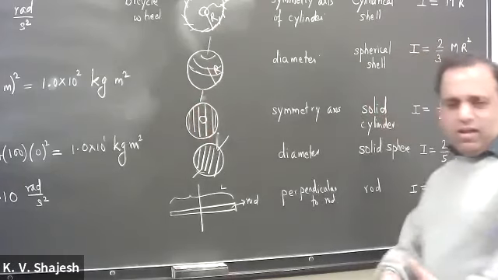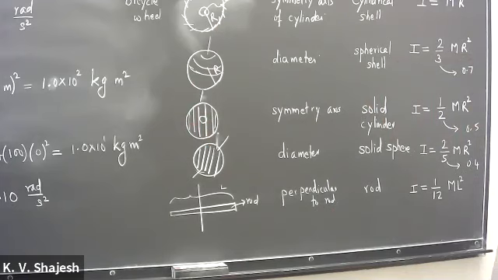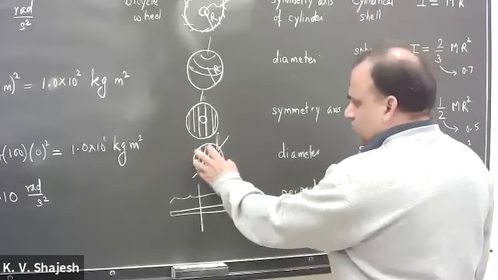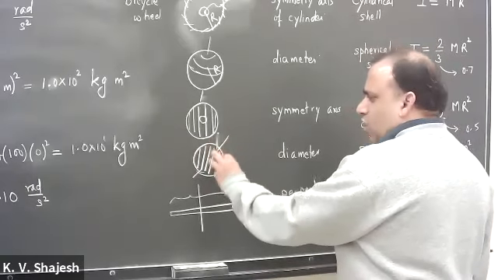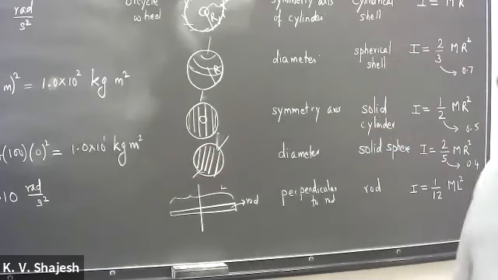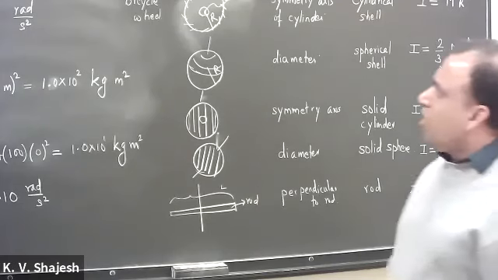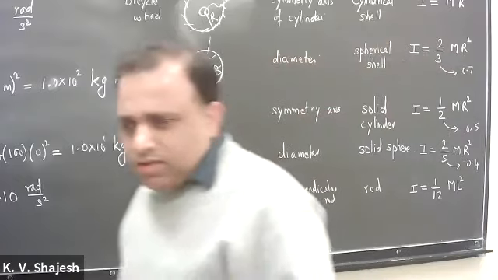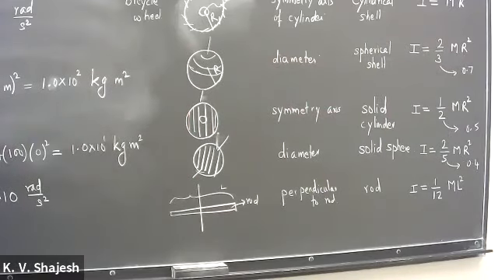Like if you have a shell, most of the mass is spread out away from the axis, so you get more moment of inertia. If the same mass is distributed on a solid sphere, there is a lot of mass closer to it also. In that sense, you've lost some of the moment of inertia. So that's the basic idea in here. And based on these concepts, now let's do some examples that really involve torque and angular acceleration.